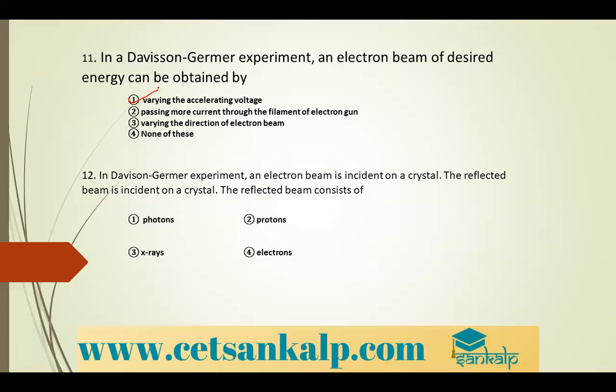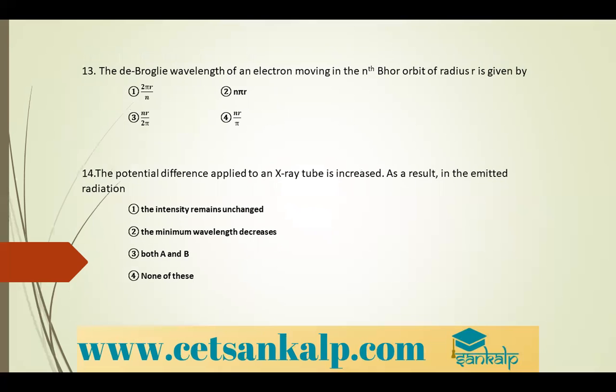In Davisson-Germer experiment, an electron beam is incident on a crystal. The reflected beam consists of electrons. All theory based. Okay.